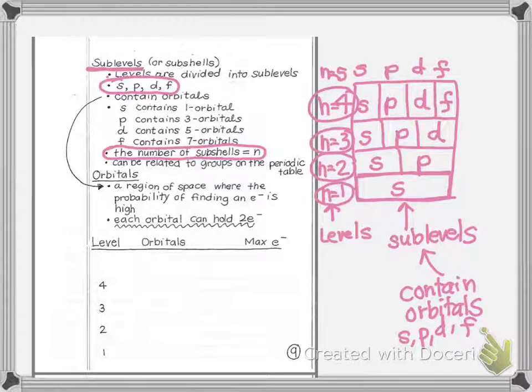So there's still S, P, D, and F. And depending on what sublevel you're in will depend on the orbitals. I'm going to try to put it all together in this section too. So it contains the orbitals, and this tells you how many orbitals each thing contains right there.